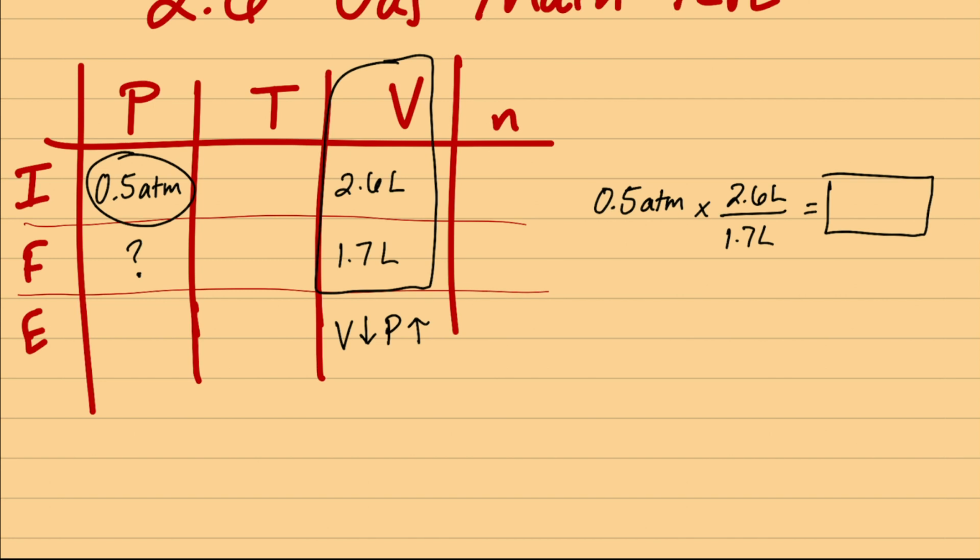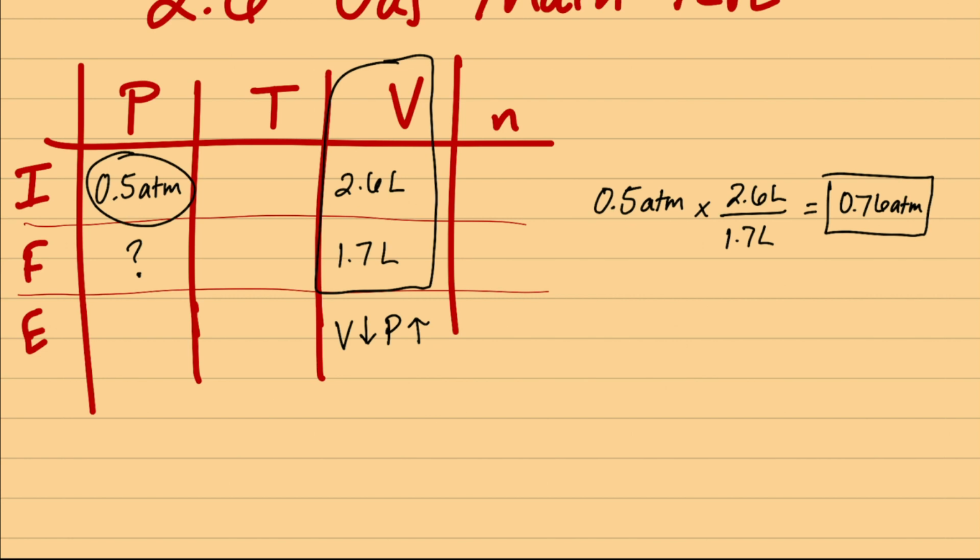Grab my calculator and I'll do that real quick. 0.5 times 2.6 divided by 1.7, and I get 0.76 liters. Sorry about that, that's 0.76 atmospheres. I strongly recommend that you punch that into a calculator yourself right now, because calculator work might be a little bit tricky for some of us.